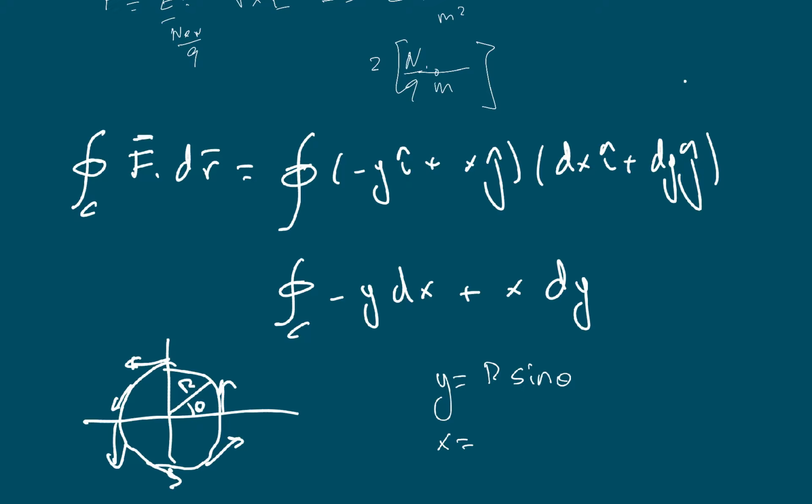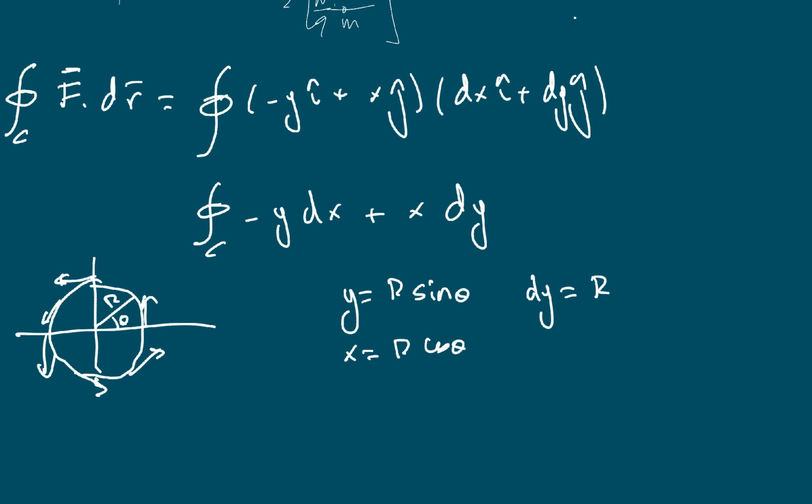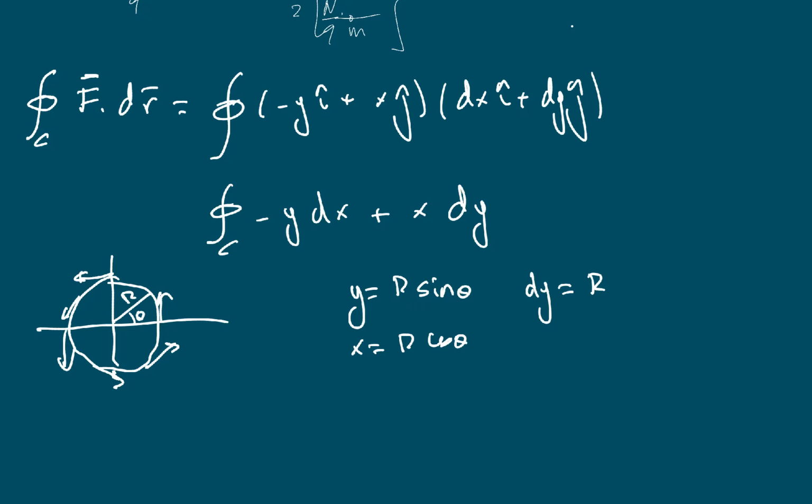The x is r cosine of theta. The dy is r cosine of theta d theta, and dx is minus r sine of theta d theta.